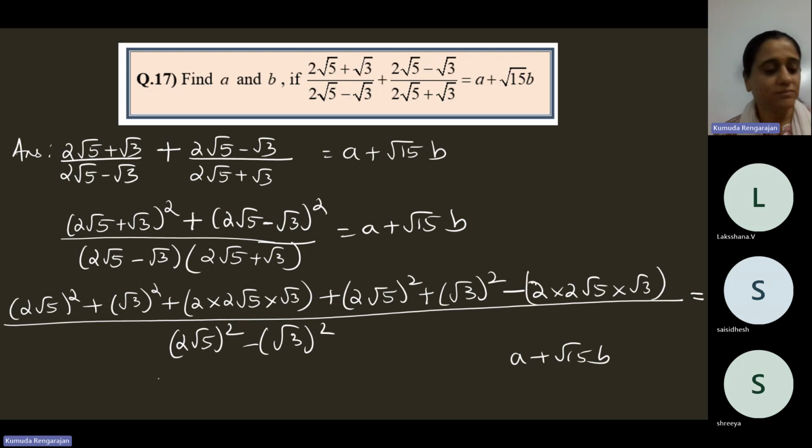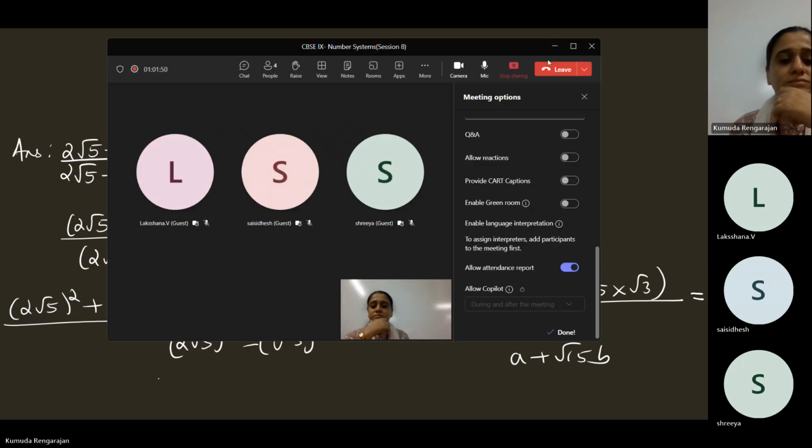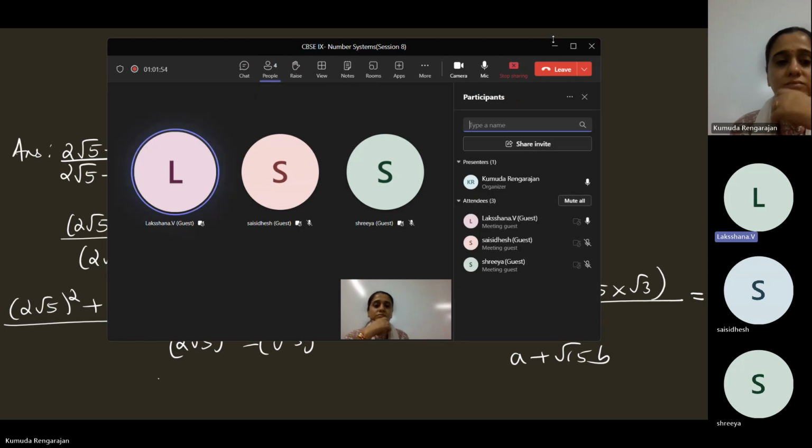Yeah, who's found the answer? Lakshana? Shreya? Sai Siddharth? What are the values of A and B? Yes, Lakshana, you want to say? Share your answer.